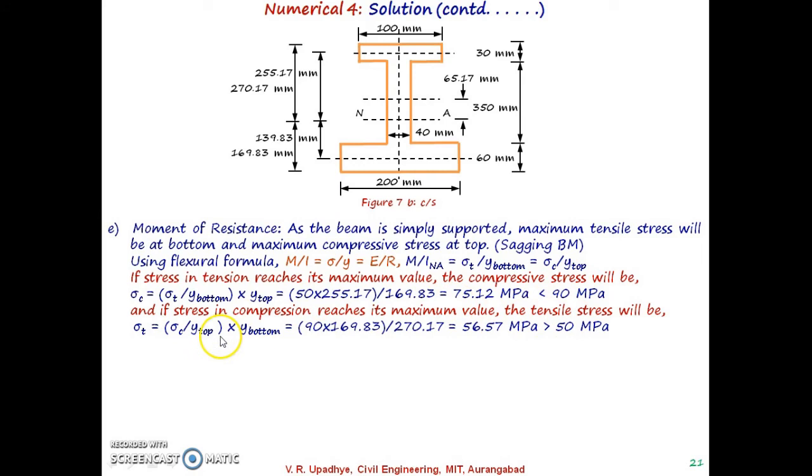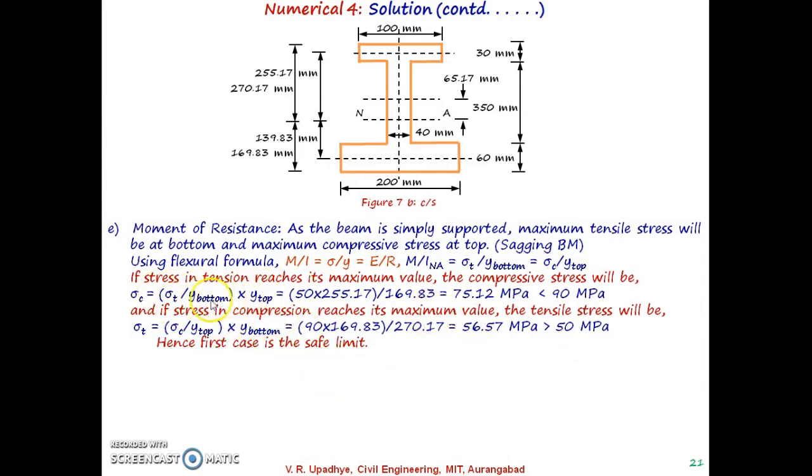But if you go beyond that and load the structure in such a way that the permissible compressive stress reaches its value, at that time the tensile stress getting developed is 56.57, which is greater than the permissible tensile stress, and that is not the correct view.